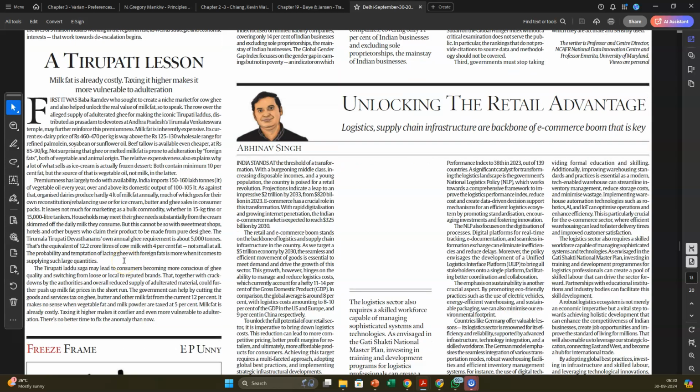Now, the problem has to do a lot with availability. India basically imports around 160 lakh tons of vegetable oil, and our domestic production is only 105 lakh tons.